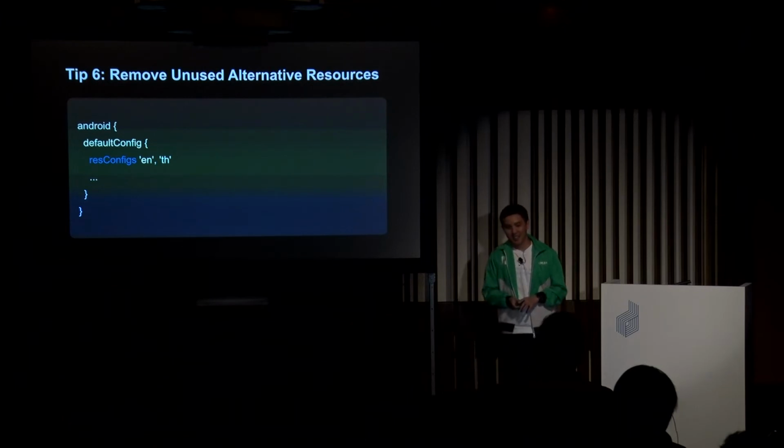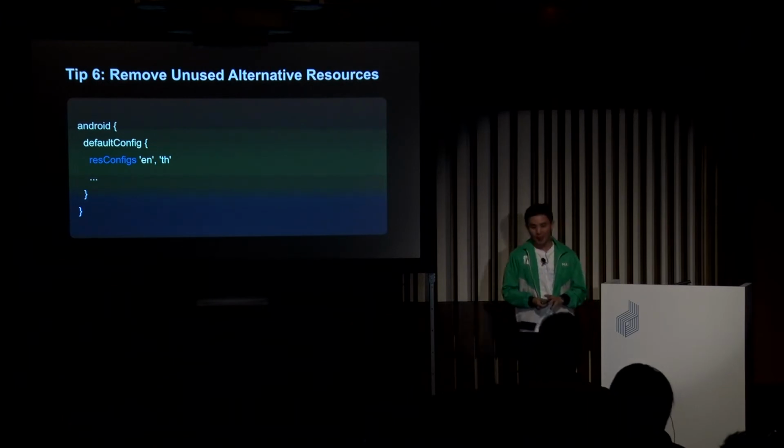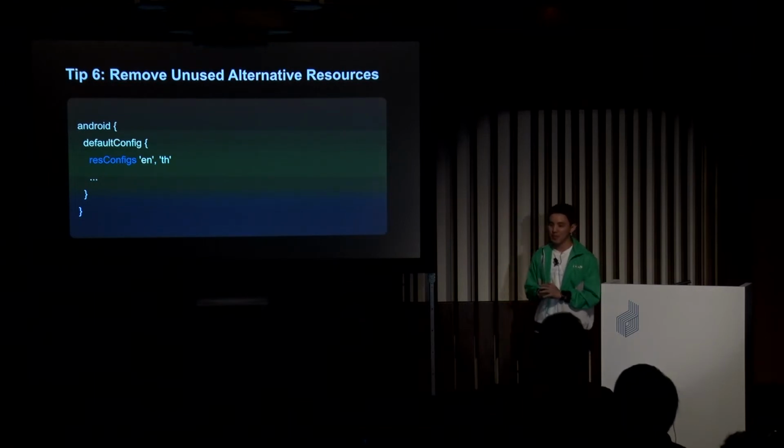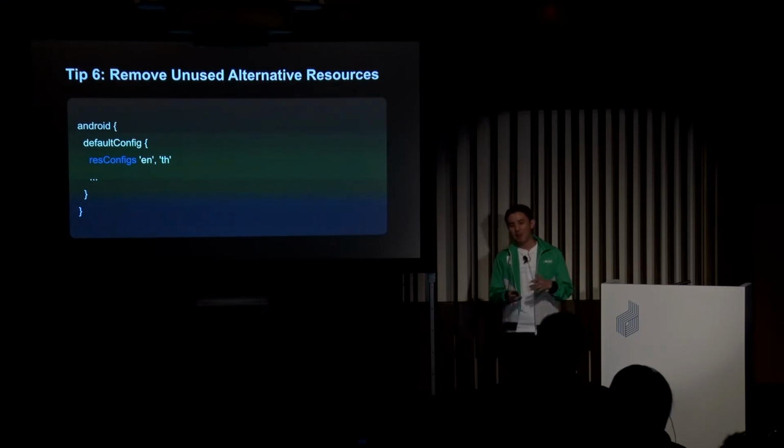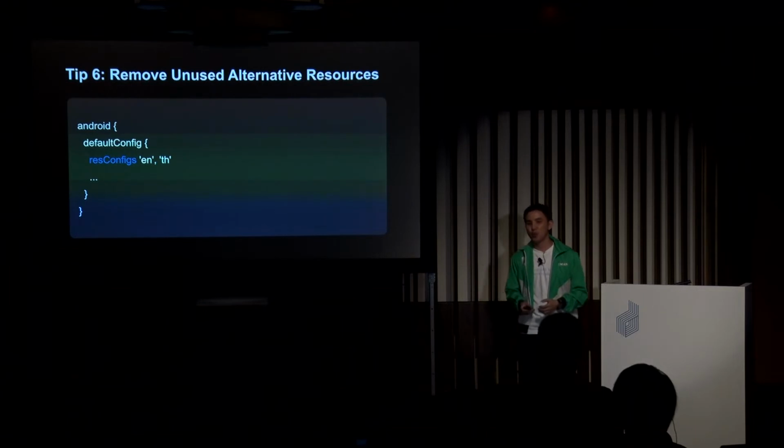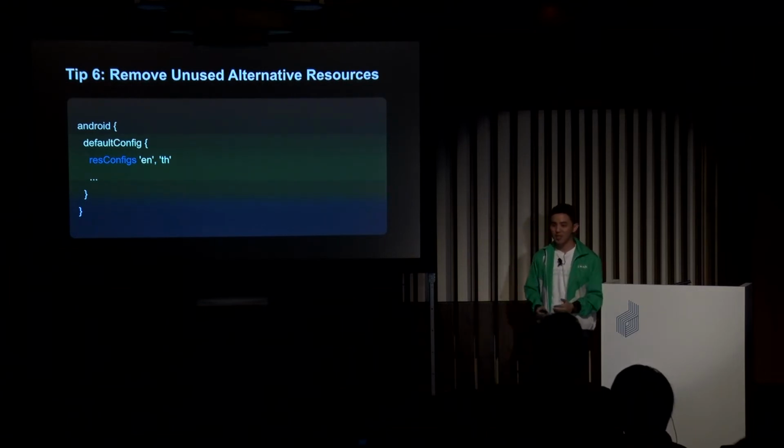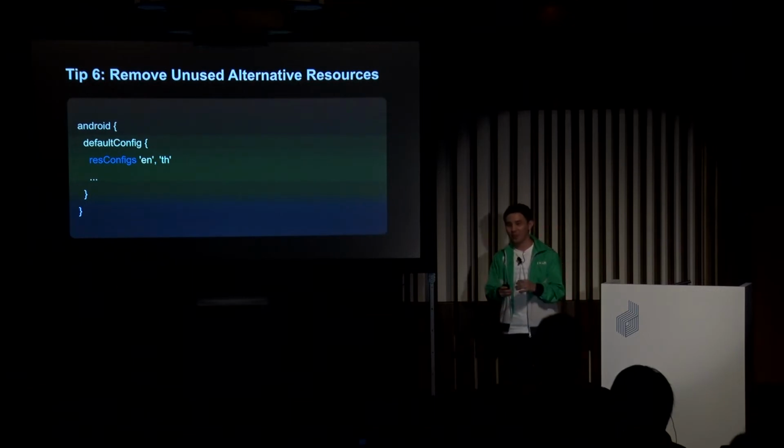Next one, tip 6. Tip 6 is to remove unused alternative resources. Sometimes you create an application and you would like to target users in your region or your country only. But some dependencies or libraries that you import into your project contain all the languages around the world.